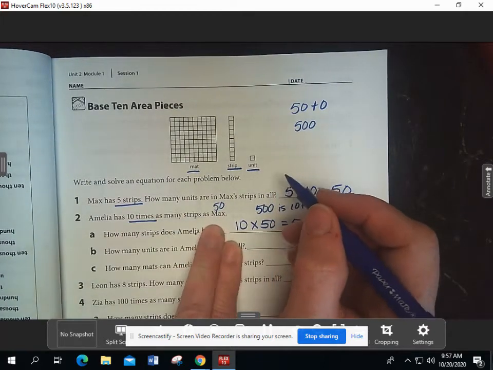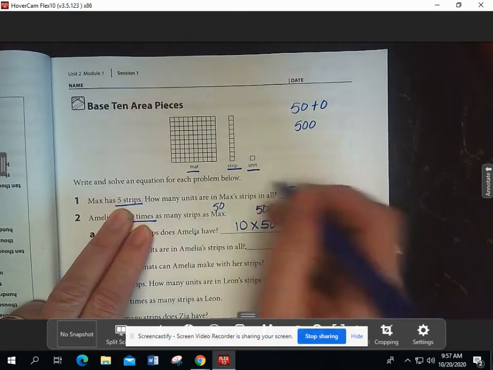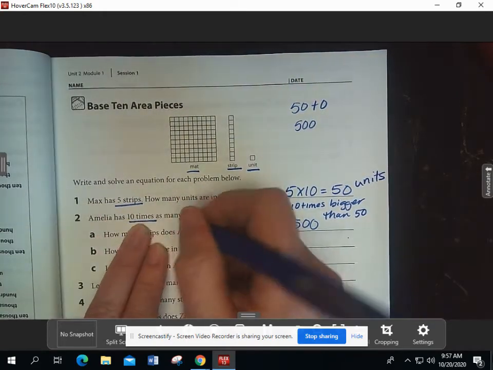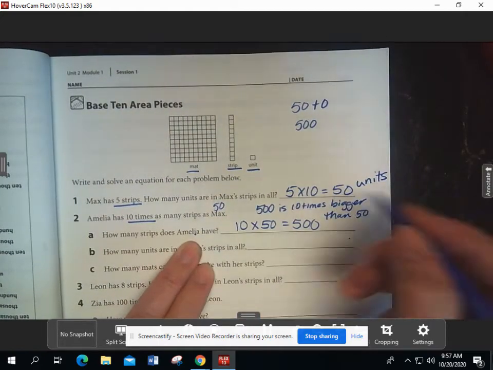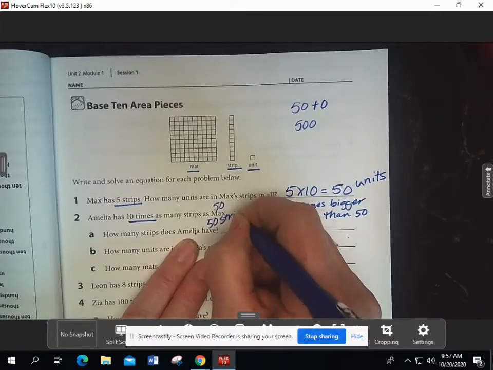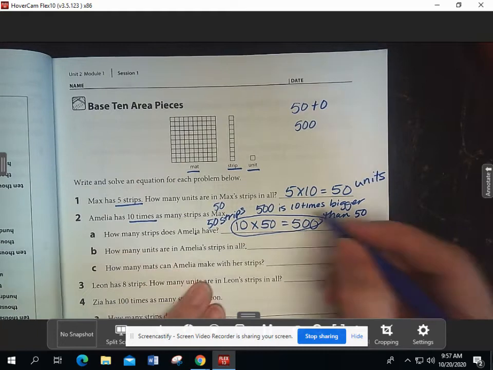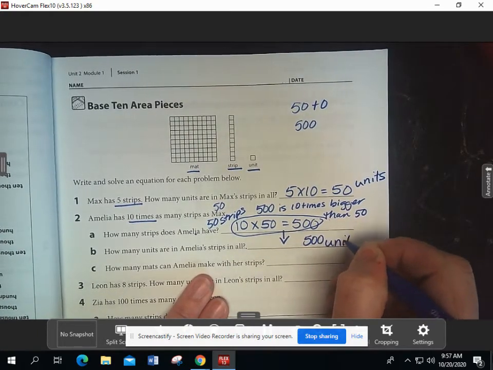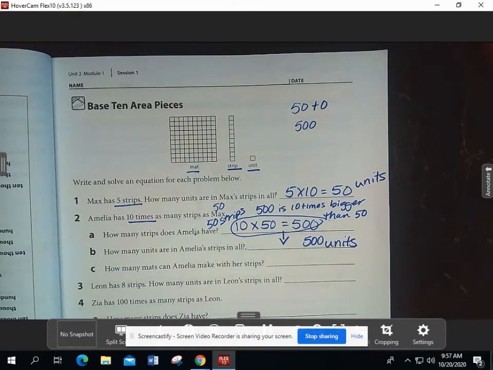So if he has 5 strips, and we figured out the units. Now she has 10 times as many strips. How many strips does she have? Instead of having 5 strips, she has 50 strips. And now this goes down here that she has 500 units. I'm going to have to make a note on my book next year to not do that. I do it every year.